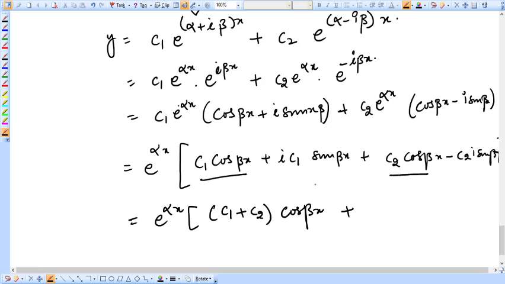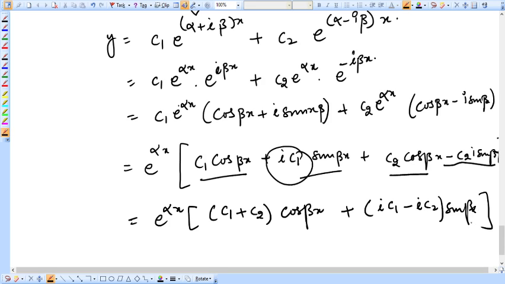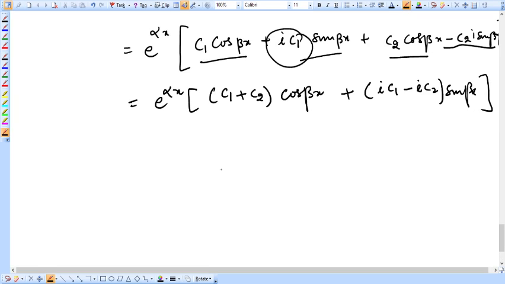Plus, again you see this term and this term, clubbing these two terms we get iota c1 minus iota c2 times sin beta x. Now name c1 plus c2 as capital C1 and iota c1 minus iota c2 as capital C2.